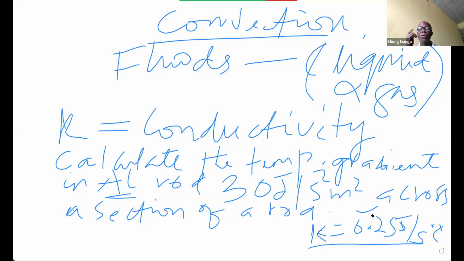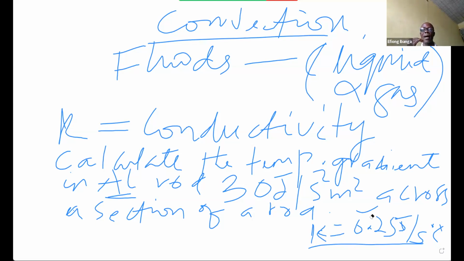Now, in the case of conduction, the atoms do not leave the mean rest position. That is, they do not leave the lattice sites. They only vibrate about the mean rest position with increased amplitude, and therefore they can collide with neighboring atoms or molecules. Now, in the case of liquids, the molecules can slide past one another.